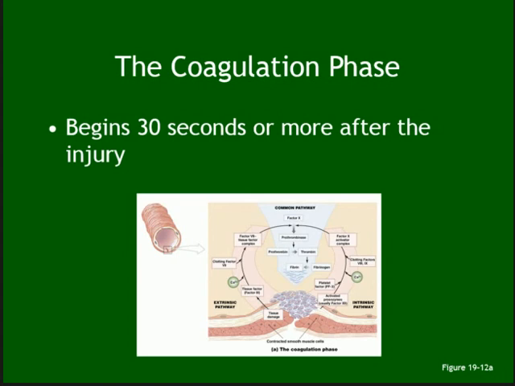How about this? You had a minor injury, and instead of bleeding for 15 seconds, it bled for 3 minutes, 5 minutes. Is that normal? Of course not. So if that's the case, you have a coagulation problem. You have a problem with the platelets and everything else, okay? And we will talk about this later on.